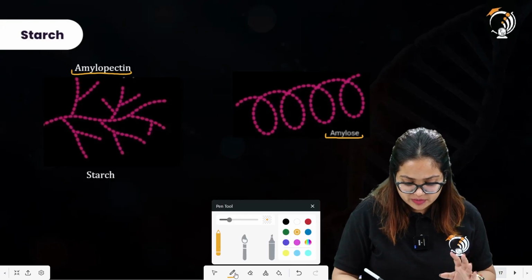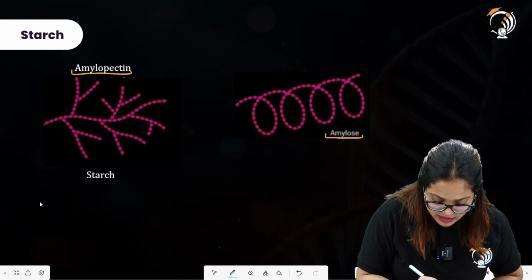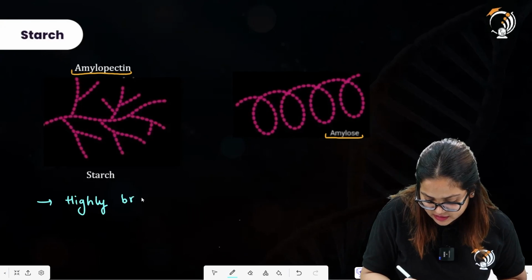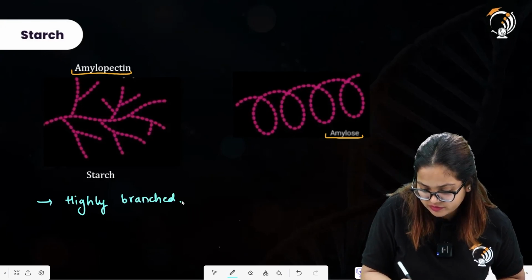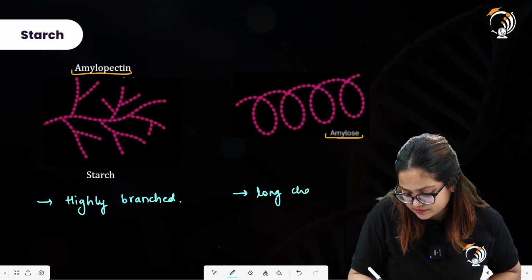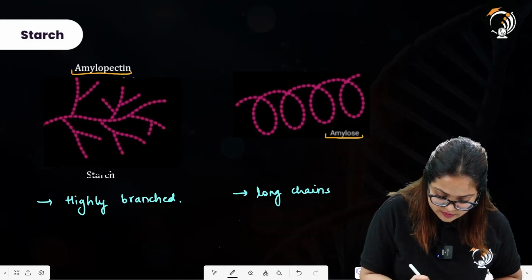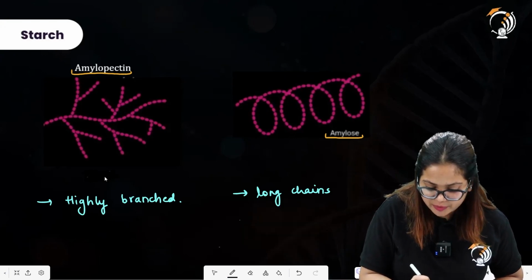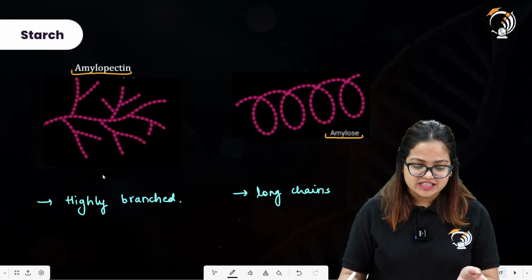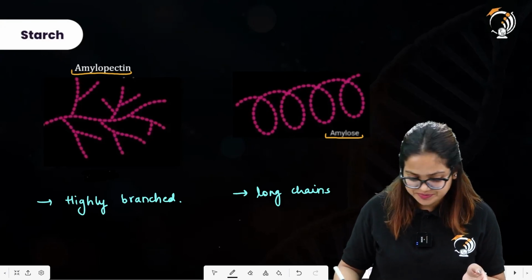Now you can observe from this diagrammatic representation that the amylopectin is highly branched in structure, whereas the amylose are long chains. So both of these constitute the starch molecule.